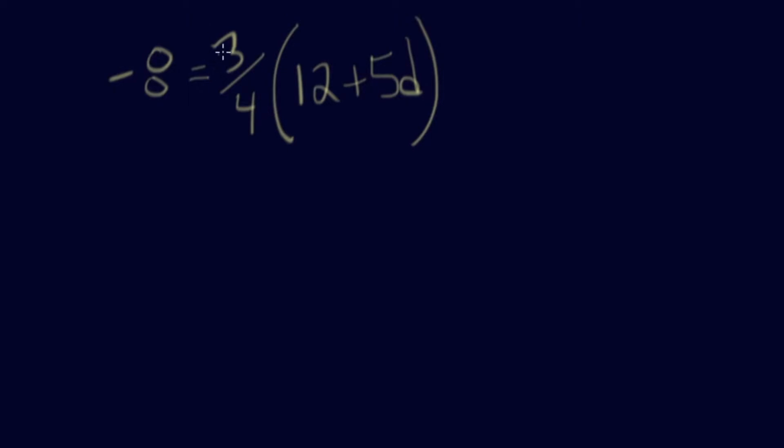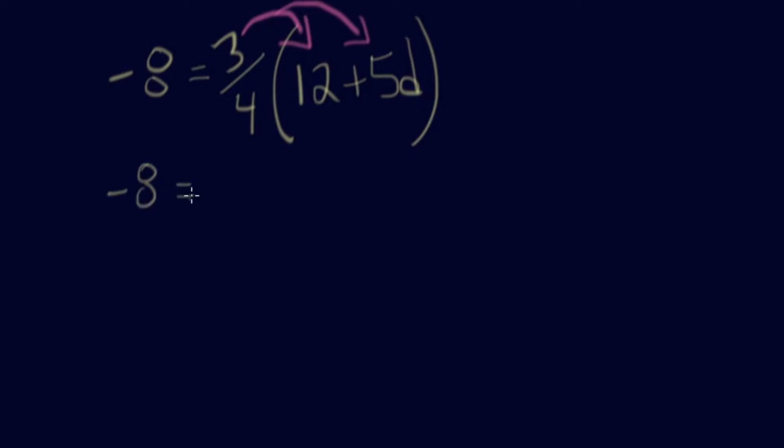Some students might expand the brackets, which you could definitely do. Some kids might divide both sides by 3/4, which you could do. There are lots of different ways to go about it. The important thing is to make sure that you're following algebra rules. I'm going to show you the typical way most students solve this one, which is to expand the brackets. So let's just do that.